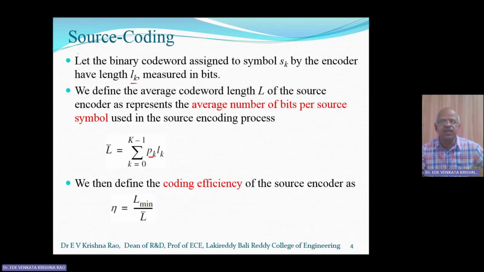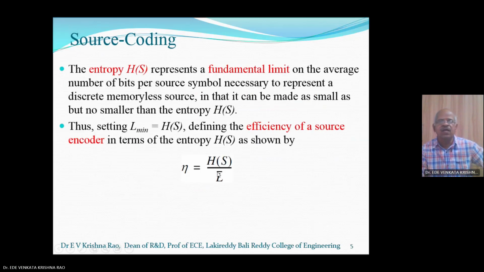The product of pk and lk is the product of probability and the code length of each source symbol, and the sum over all the source symbols, k equal to 0 to k minus 1, is the average code length. For the efficiency, the minimum code length is substituted with the entropy, which is the average information, H(S).